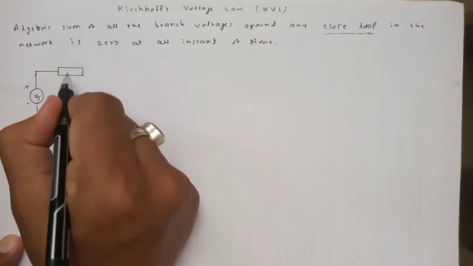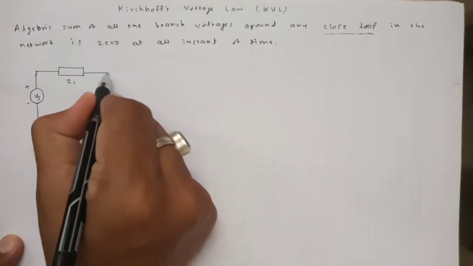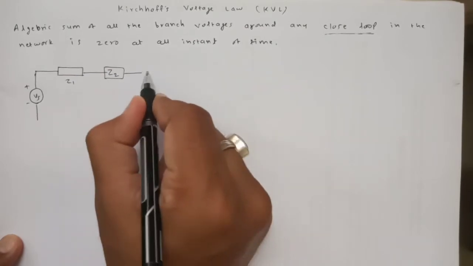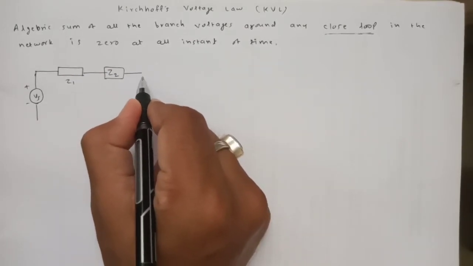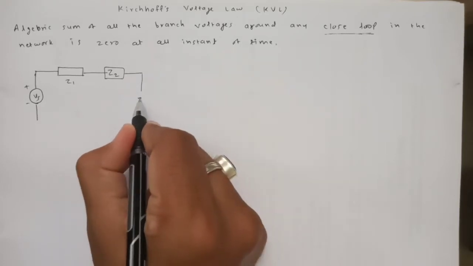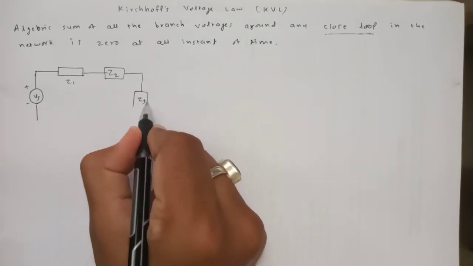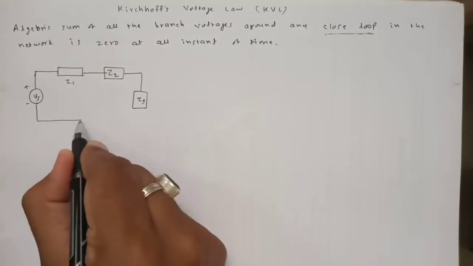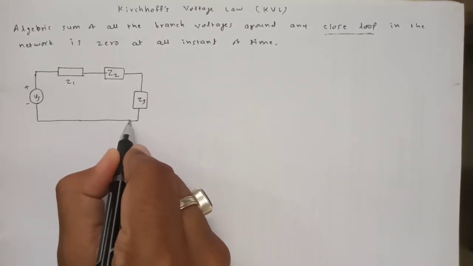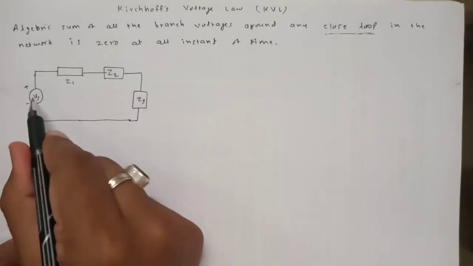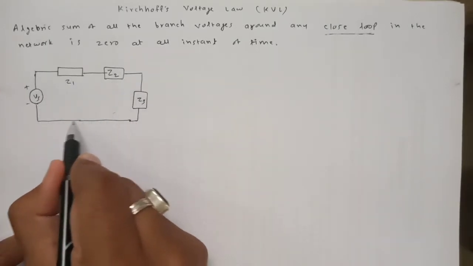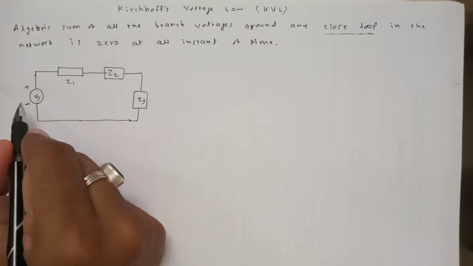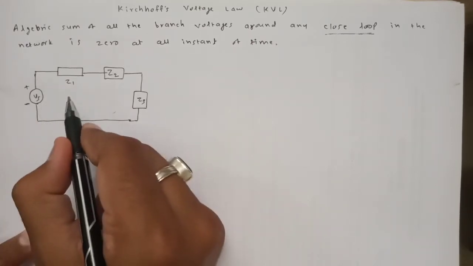Let us say Z1, this is Z2, and likewise the next one, Z3, and the circuit is completed, meaning the loop is now closed. It means if the current is flowing, it will get the complete path to flow through. That's why it is said that the loop is now completed.